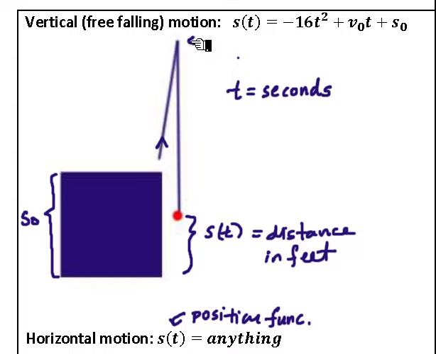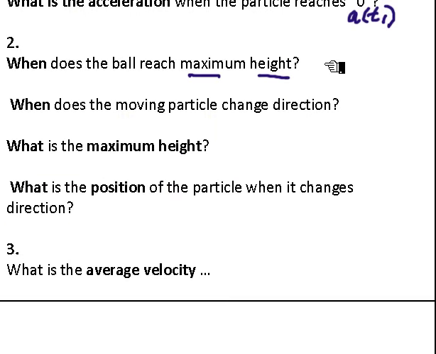So the maximum height occurs when the velocity is zero. So we solve v of t equals zero to get the time when the ball reaches the maximum height. So again, when does the ball reach maximum height? Do v of t equals zero and solve for t.